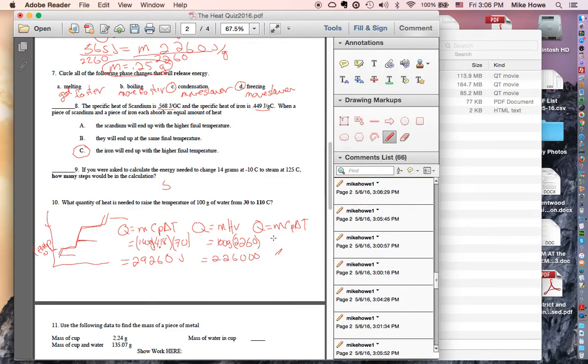All right, and then the last step, you've got 100. And now we're in the steam range. So you're going to use the 2.06 number that I gave you. And the delta T up here is from 100 to 110. So that's only a 10-degree change.